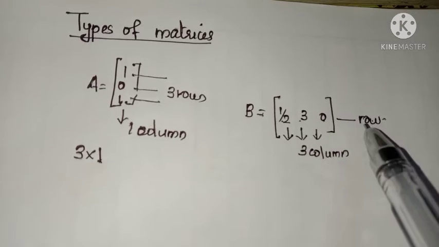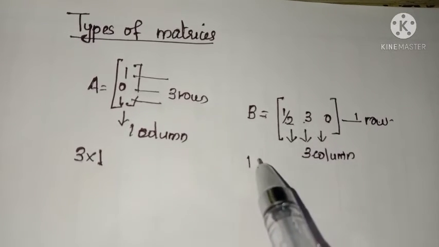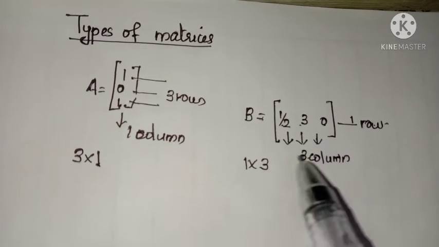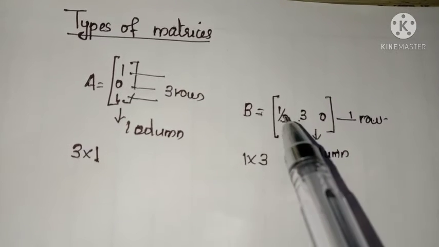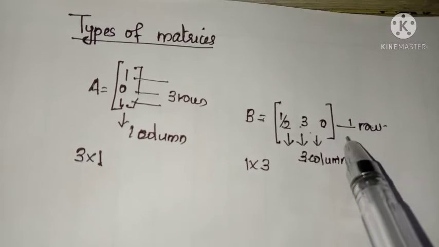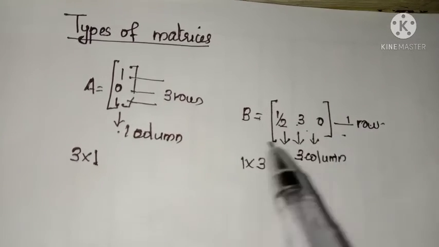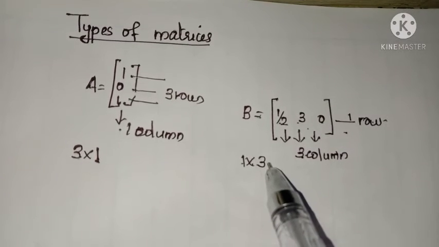So 1 row and 3 columns, and therefore B is a 1 by 3 matrix. So we can say that matrix B is a row matrix because it has only 1 row. So column matrix and row matrix. Listen, it is a 3 by 1 matrix, and it is a 1 by 3 matrix.